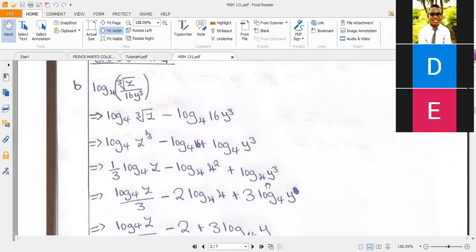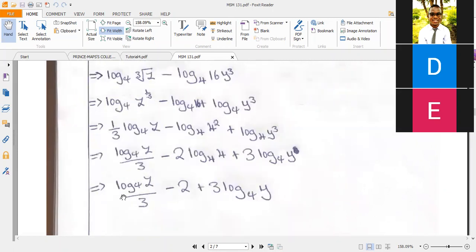Then you drop the 2 and you drop the 3, so that you're going to have 1 over 3 log 4 z minus 2 log 4 4 plus 3 log 4 y. Then you know that log 4 4 is 1, so it's going to come out as 1 over 3 log 4 z minus 2 plus 3 log 4 y. I hope that is now clear.